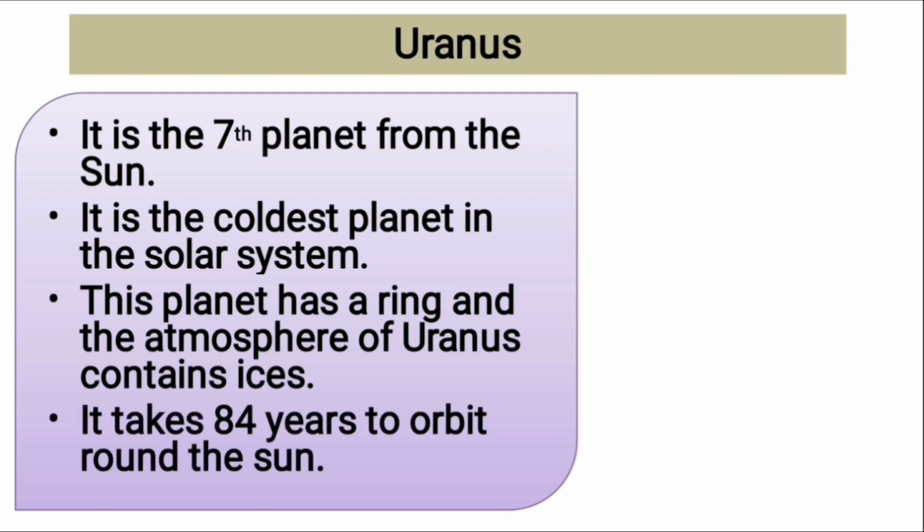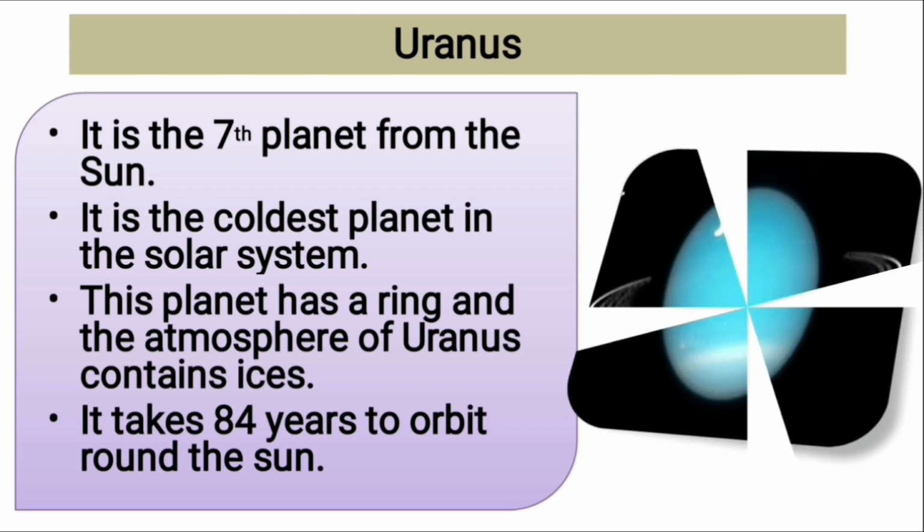It takes 84 years to orbit round the Sun. Uranus has 27 moons. It was the first planet discovered in the modern age. Let's see the picture of Uranus.